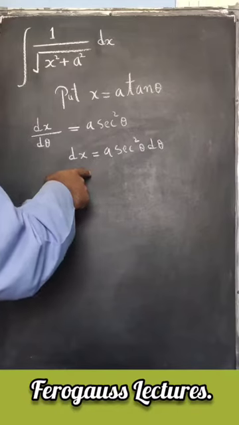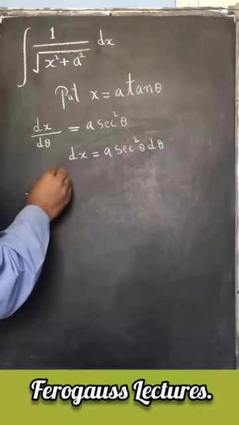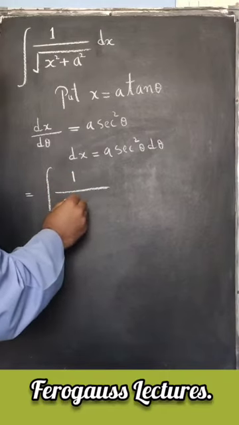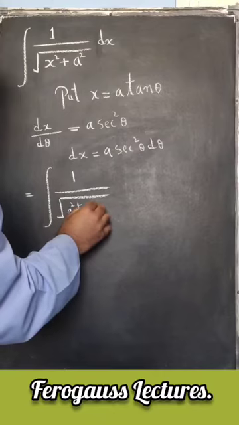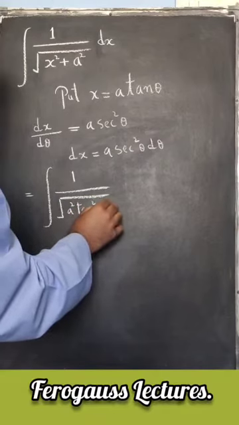Now substitute these in this integral, we get integral 1 by root of, now instead of x we have a tan theta, so we write a square tan square theta plus a square.